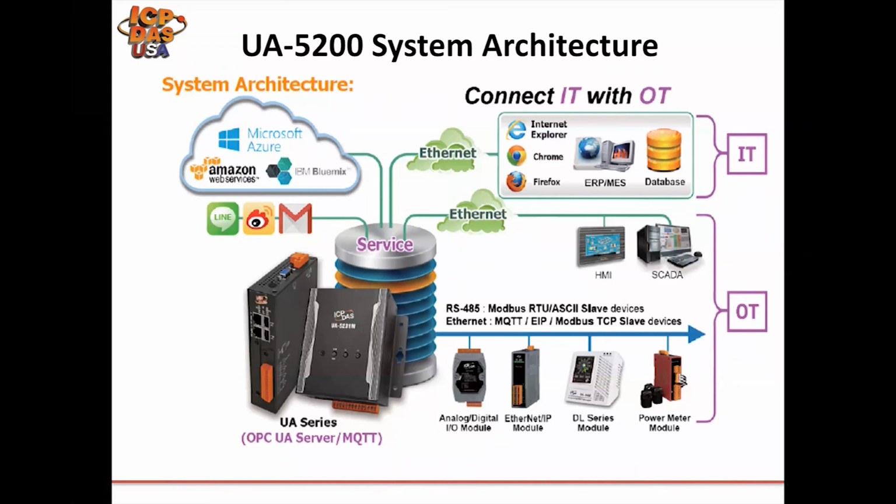It offers direct support with Microsoft Azure, AWS, and IBM Bluemix cloud platforms on the IT layer. The servers allow you to send email alerts in response to real-time conditions. You can schedule FTP uploads of your data logs, and you can communicate with system control architecture like HMIs and your control room through your Ethernet COM ports. So a very versatile IoT server, highly recommended.